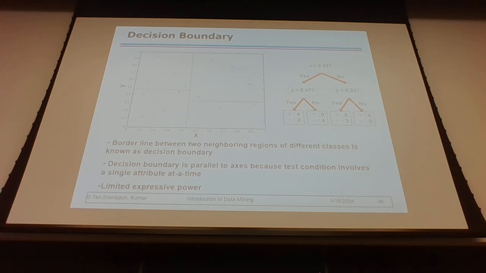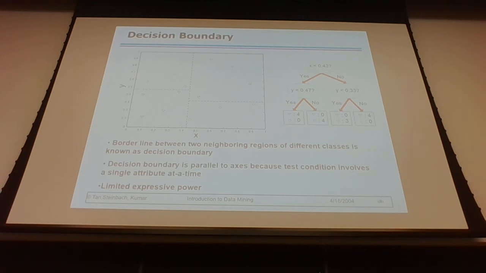Now for a decision tree, what is the decision boundary? It's very easy. So if you have a threshold base, it's just a line. Right? It's just the equation of that attribute, y less than 0.47. If y less than 0.47 is what? Half plane of the coordinate space, right? So that's why it's a line.